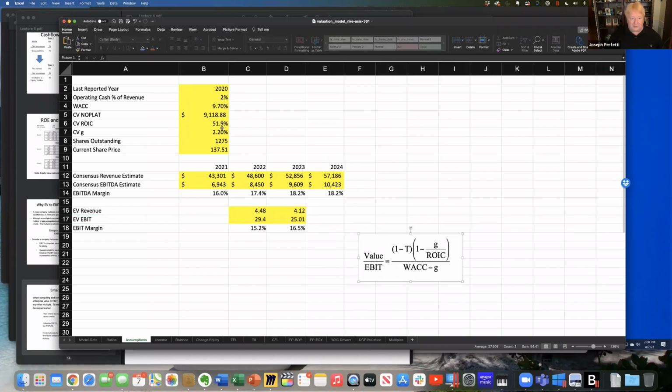Now, what we're trying to do is figure out a realistic G. Here's the idea. I know what the EV to EBIT is. It's right here, observed in the real world. I have a pretty good idea what the tax rate is. It's not going to change. I have a pretty good idea what the ROIC is. And if a company has a high ROIC, slight changes in the ROIC don't affect the key value drivers all that much. And I kind of know what the WACC is.